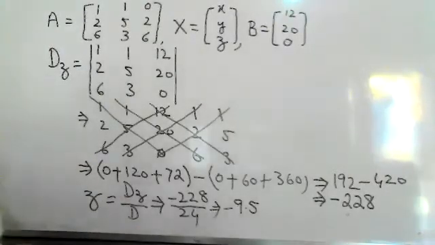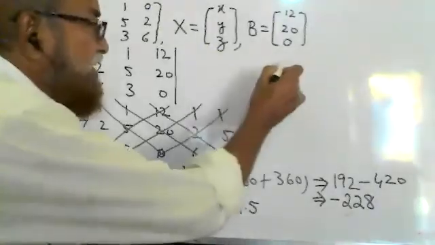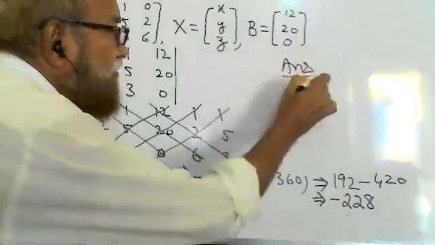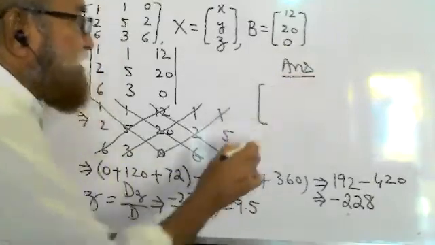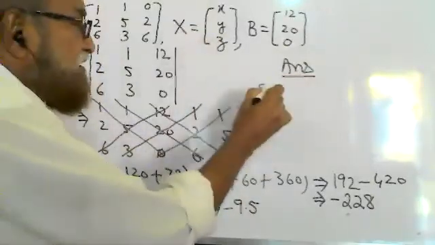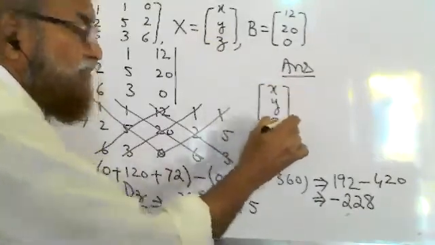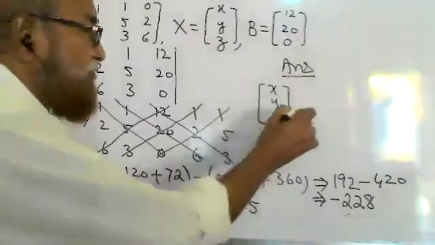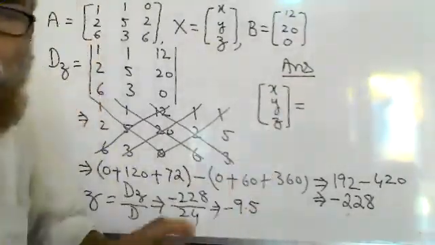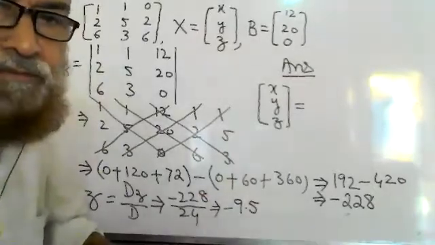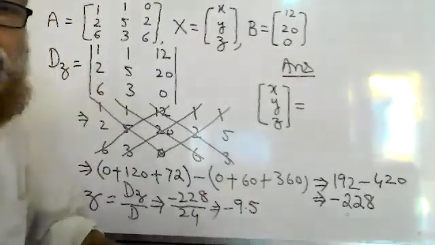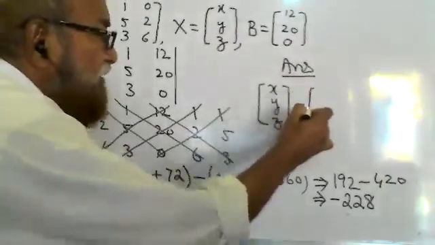Okay. So the answer of z is minus 9.5. How to write the answer? We have found all the three values of x, y, and z. So the answer will be written in this way. We will make the matrix of the variables x, y, z, matrix form, not the determinant, equal to the answer.